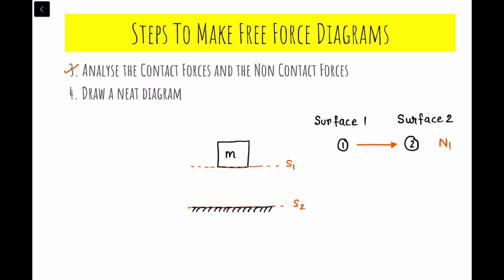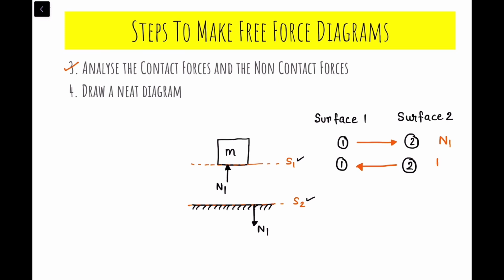So this will be our N1. Similarly, by Newton's third law of motion, surface 2 will exert the same force in the opposite direction, equal and opposite. So surface 2 will exert the same force N1 on surface 1 in the opposite direction. Let me write it over here, N1. I hope you got this part.